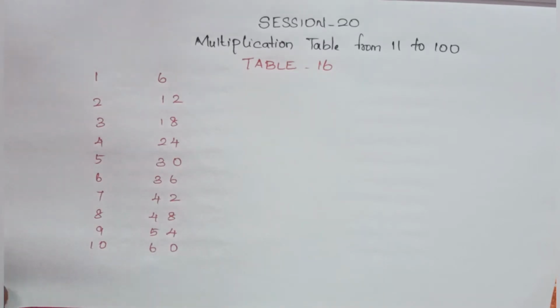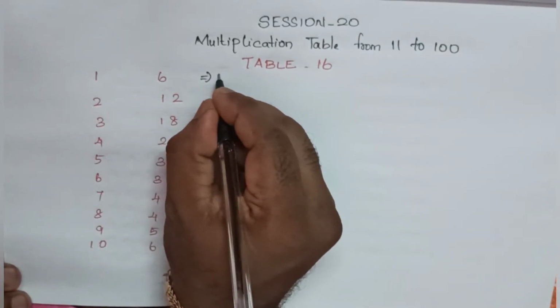Now you have to join both the digits. So 1, 6 is 16.